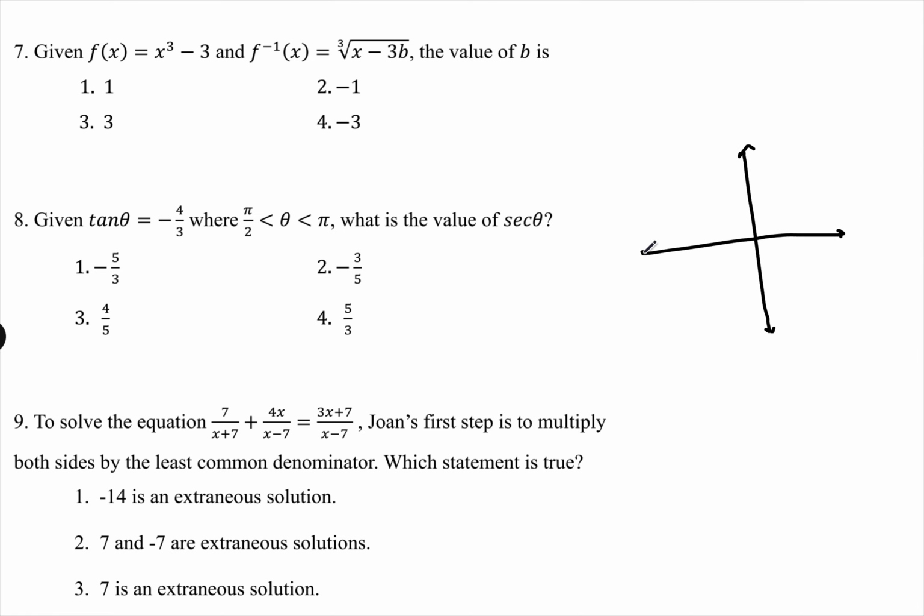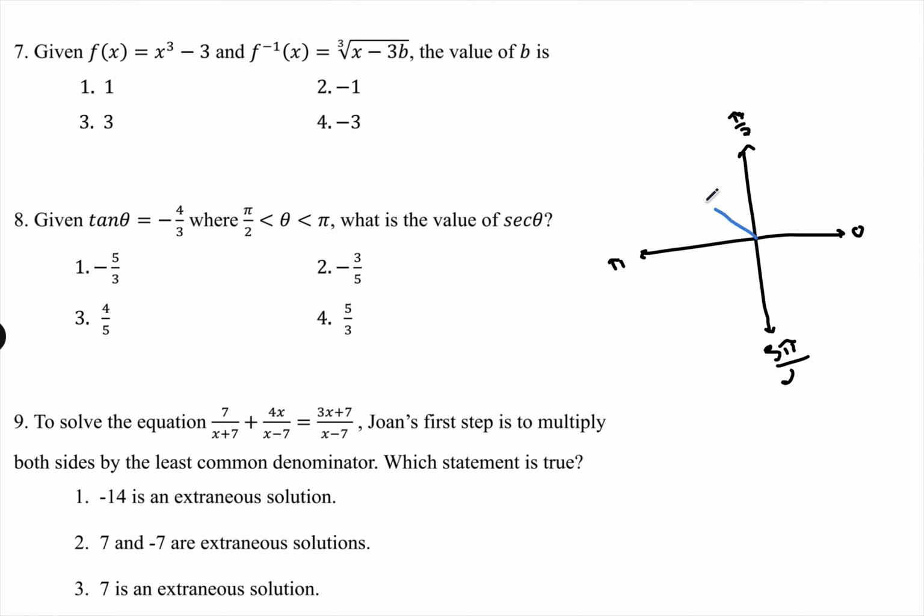If you remember from working with the unit circle, this is an angle of 0, this is 90 or pi over 2, two quadrants would be 180 or just pi, and then 270 or 3 pi over 2. Where does my angle have to reside? Between pi over 2 and pi, which is quadrant 2.